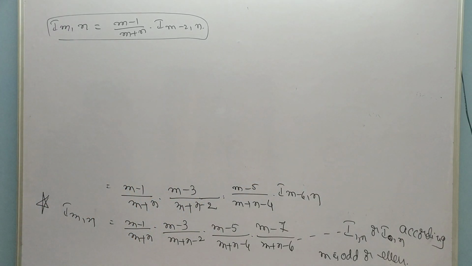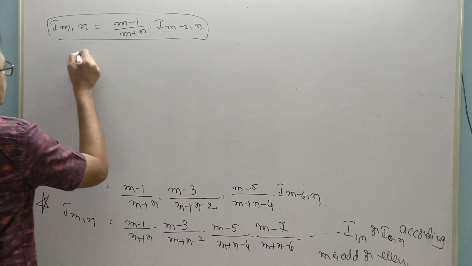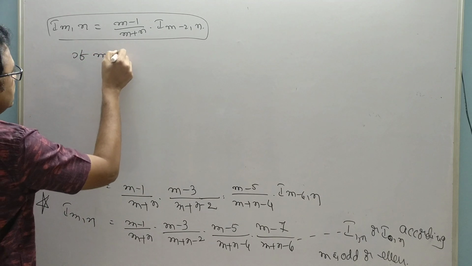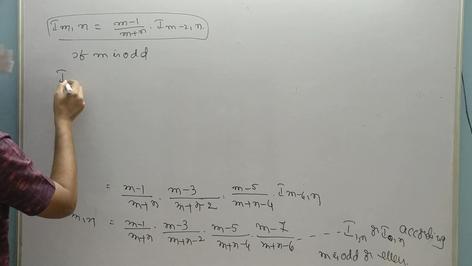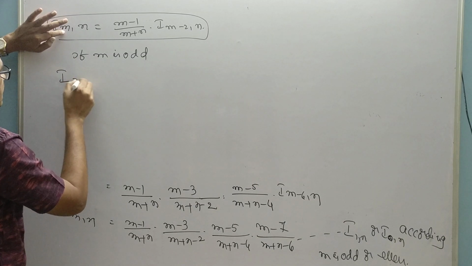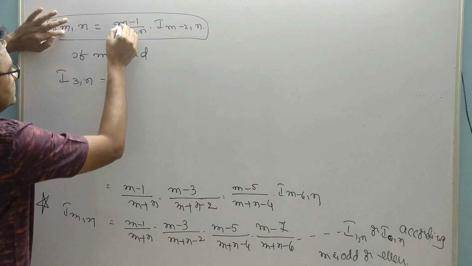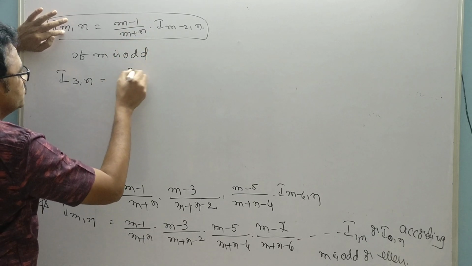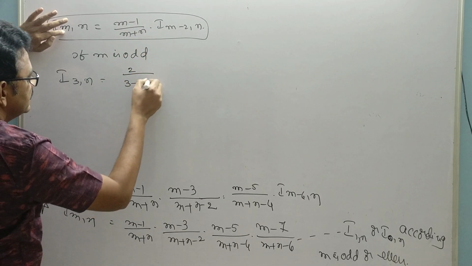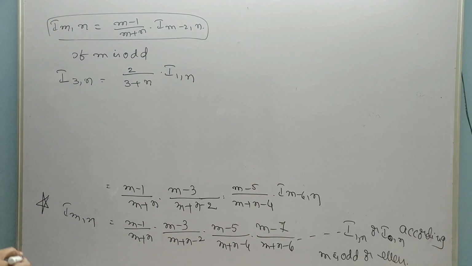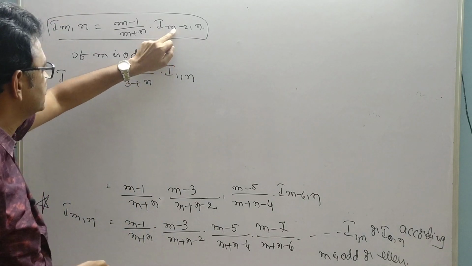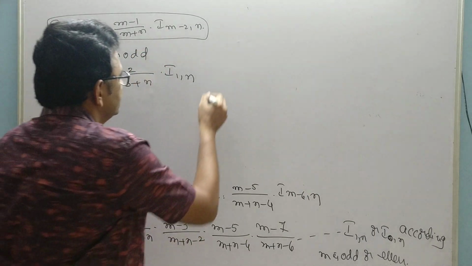So if m is odd, that means in place of m you write 3: I(3, n) equals (3−1)/(3+n), that is 2 by 3 plus n, into I(1, n).